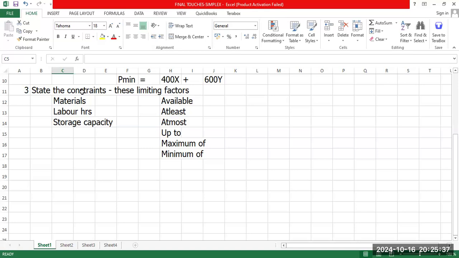Because as you state your constraints, we are trying to formulate the inequality here. Each constraint must help you to formulate an inequality. If you have 4 constraints, it means that you'll be having 4 inequalities, then in the long run, 4 equations.